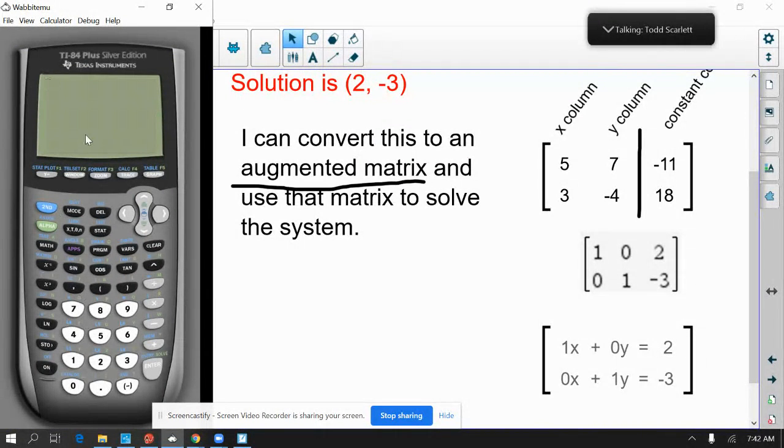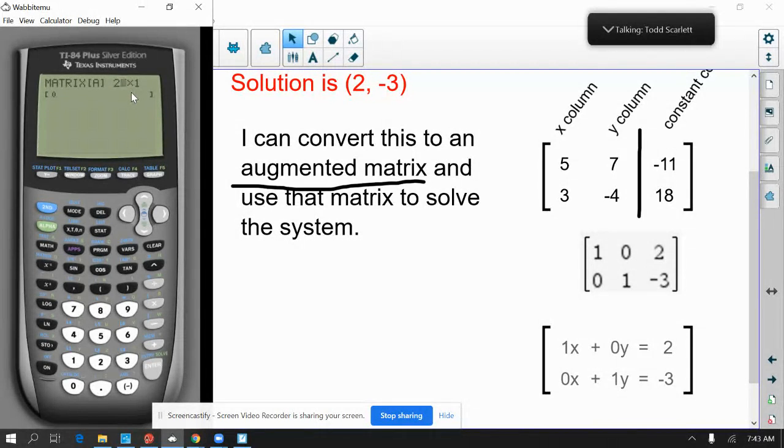So for the 84, unfortunately, it's more complicated. You have to create the matrix first. And there's matrix right here. So I press second matrix, and here are all the names of the matrices. And math, those are all the operations I can do. Edit, I need to go to edit first to create a matrix. It first wants to know the order.